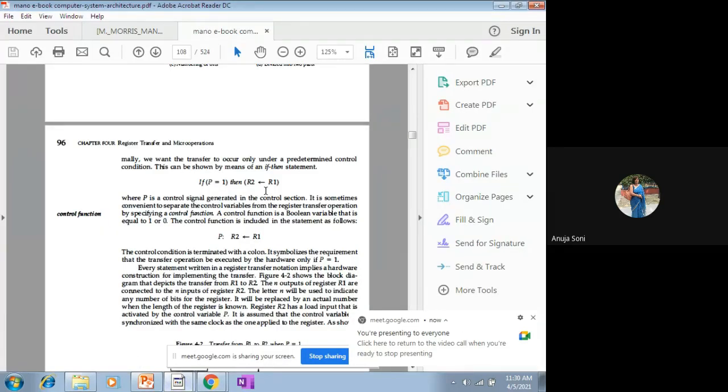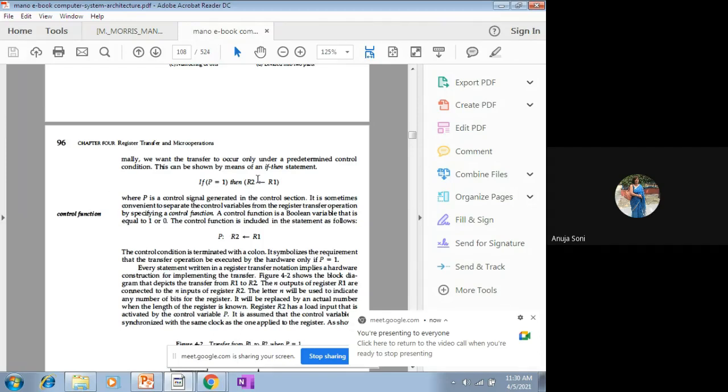So here, as a whole, this statement is written that comprises two parts. This if P is equal to 1 is called a control signal. Whenever this control signal is enabled, whenever the value of P comes out to be 1, then only this register transfer statement will take place. This part is called a control function.